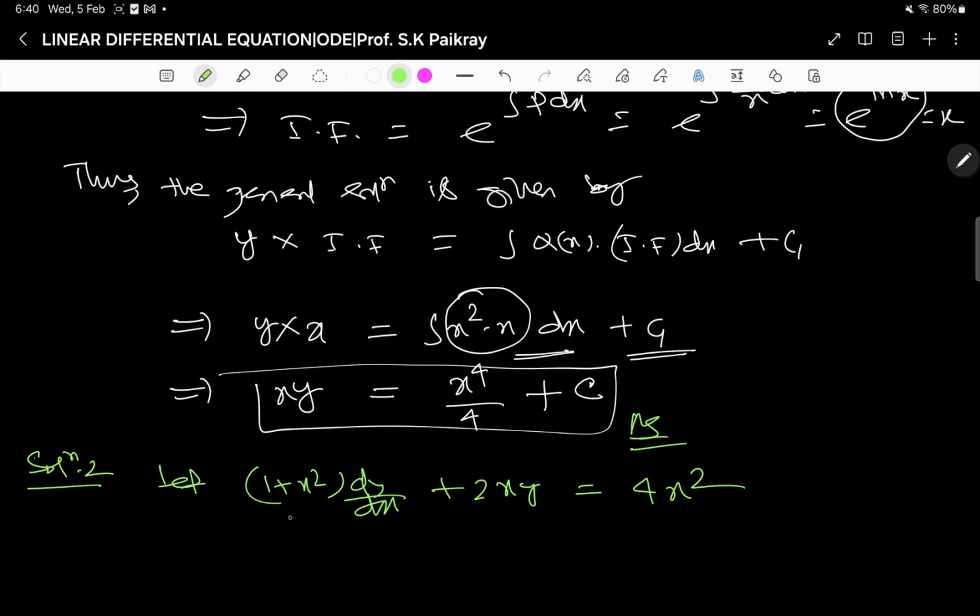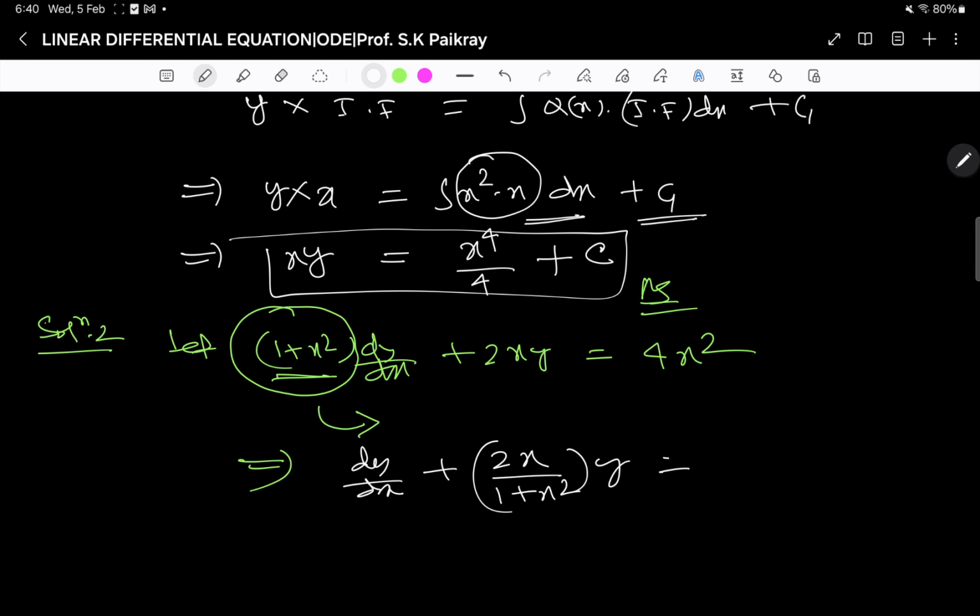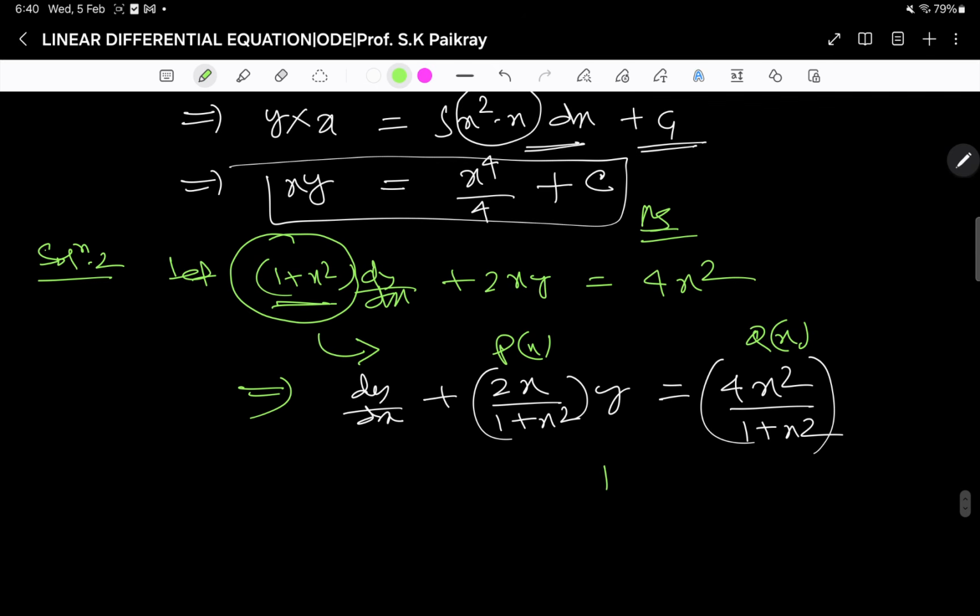I have told you that this coefficient should be 1, so first you divide throughout. Then dy by dx plus 2x by (1 plus x square) y is equal to 4x square by (1 plus x square). Now you see it is your p(x) and it is your q(x). So this is a linear differential equation in the standard form.